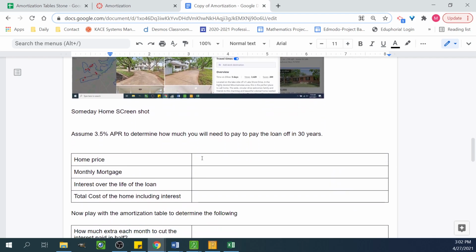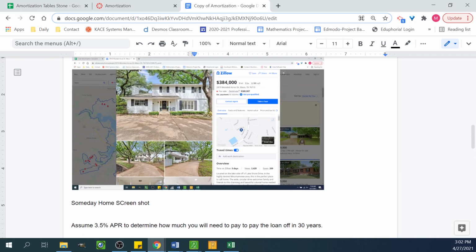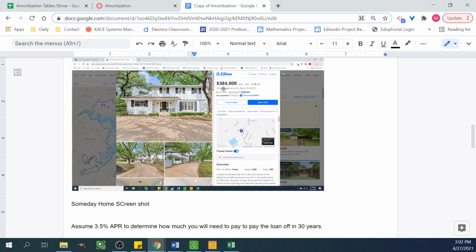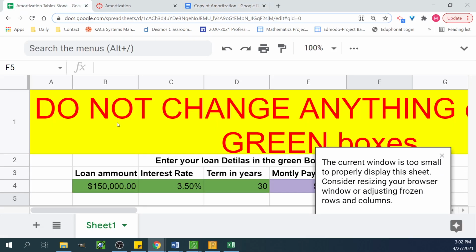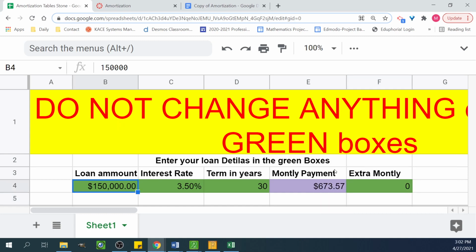Then you're going to answer these questions. What's the house price? What would your monthly mortgage be? So this one, what's my price? $384. See how that's $384? Come to my amortization table, put it in. I'm trying to click and it won't let me. Okay, what if I did $384? What's wrong with that?